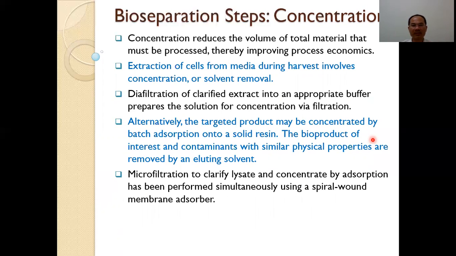In your product, after you separate the solid from the liquid, the product in the liquid is mostly solute and solvent dissolved together. But our solute is a very, very small volume, so you have to concentrate it by removing some solvent.